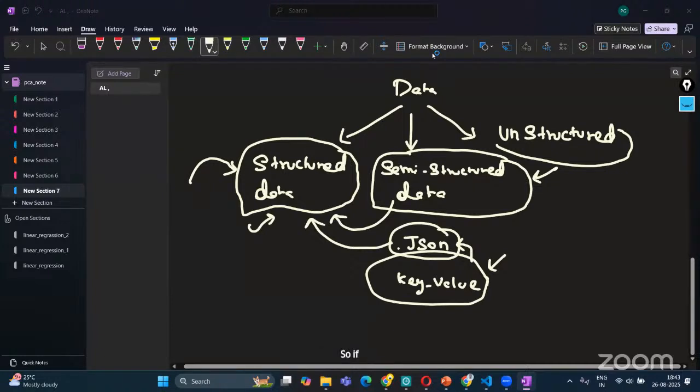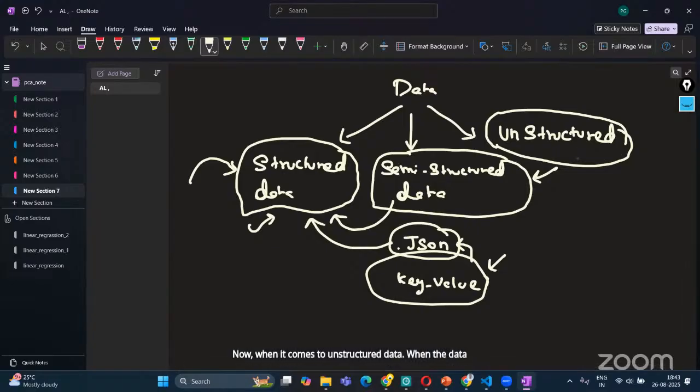If you have any question, you can put it in chat. Now, when it comes to unstructured data, when it is not possible to store the data in its raw form in tabular format, it is difficult to convert.